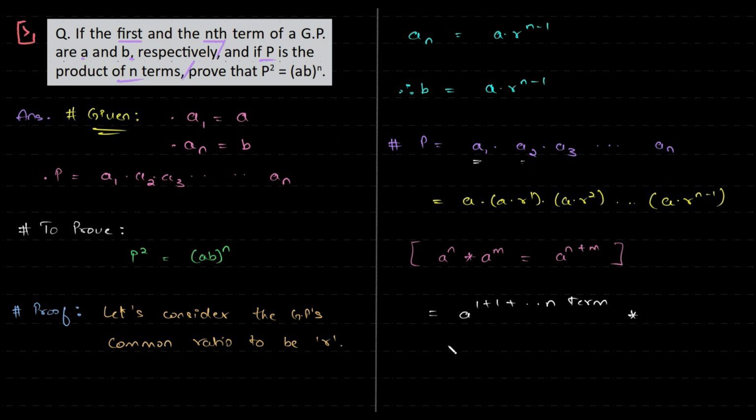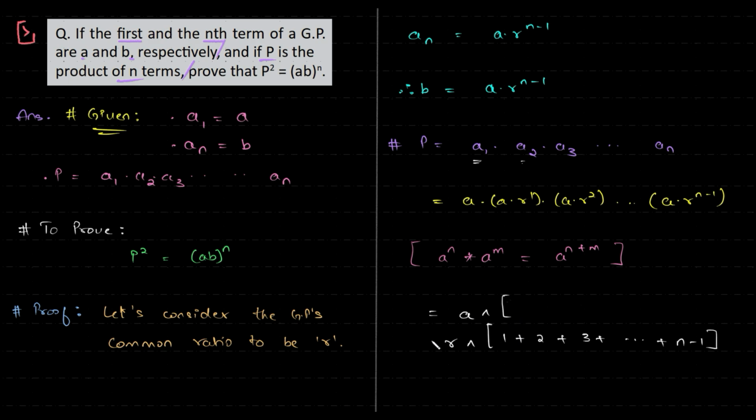And we have r raised to the power of 1 plus 2 plus 3 plus up to n minus 1, because the first term will not have an r power; r starts with 0 for the first term.